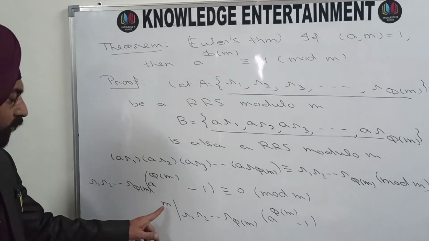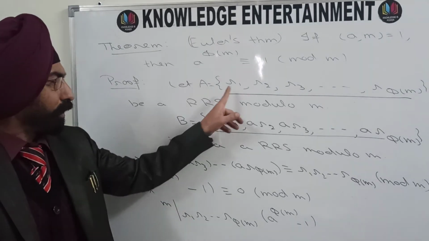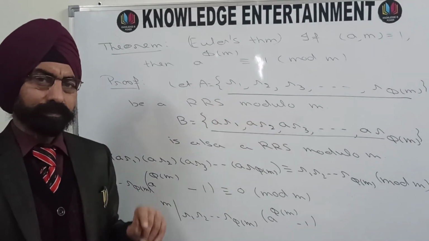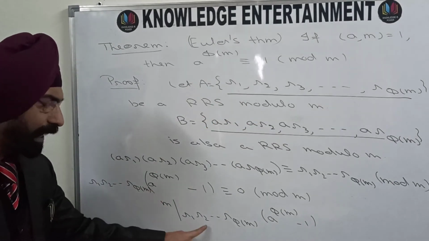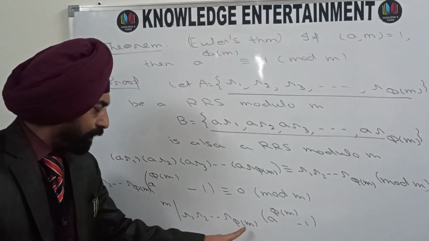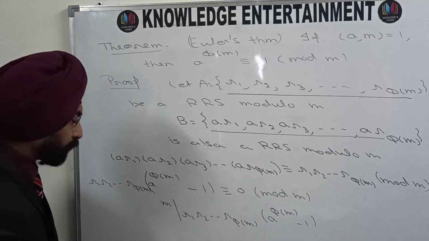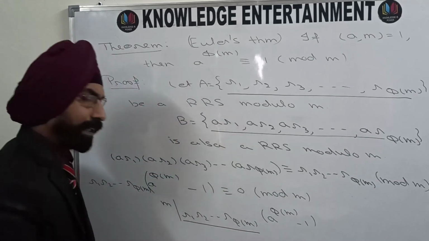Now GCD of m and r1 is 1, because r1 is a member of the reduced residue system modulo m. GCD of m and r2 is, by the same rule, 1. GCD of m and r_φ(m) is 1. So GCD of m and this complete product is 1.